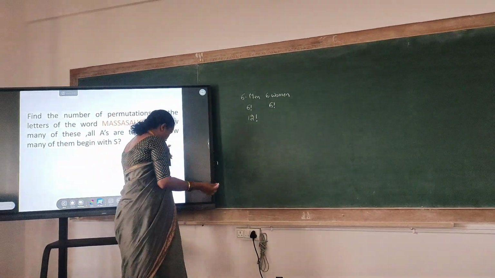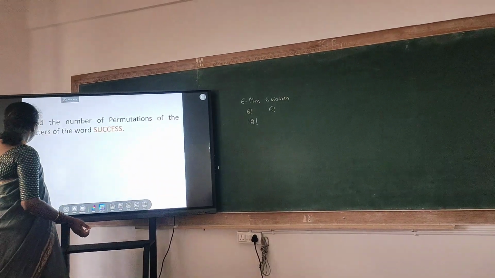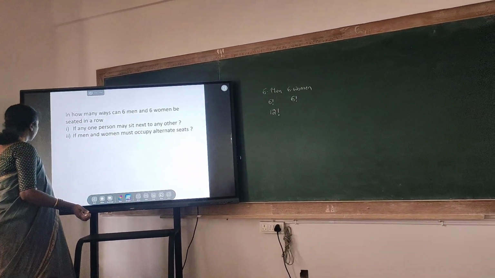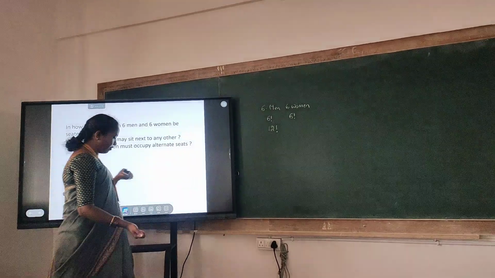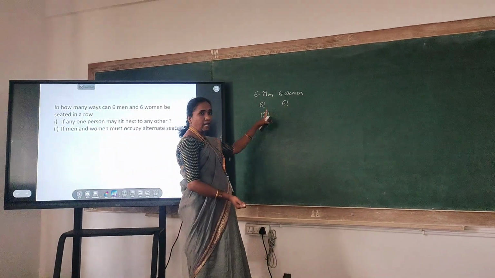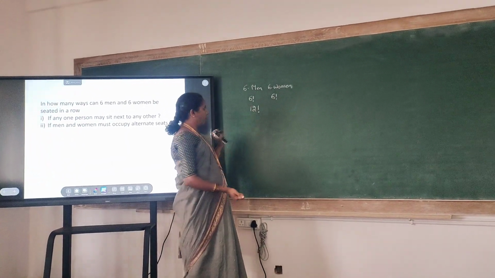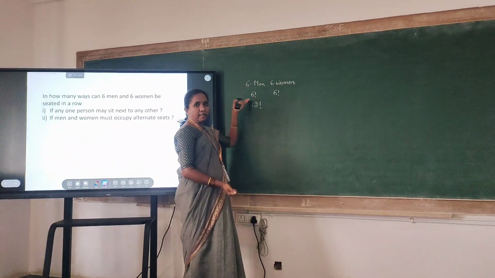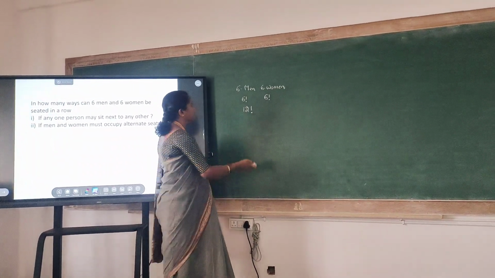That is, without any restriction, if any person may sit next to any other person, the number of possible arrangements is equal to 12 factorial ways.